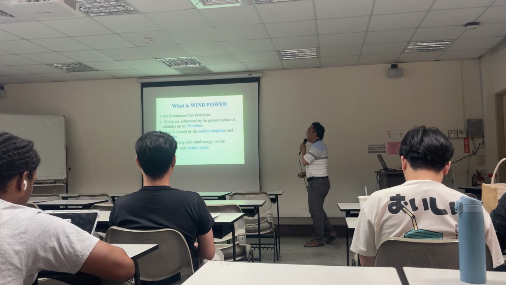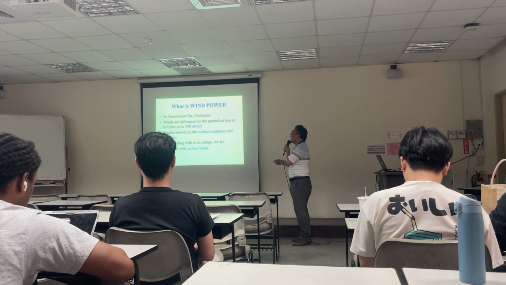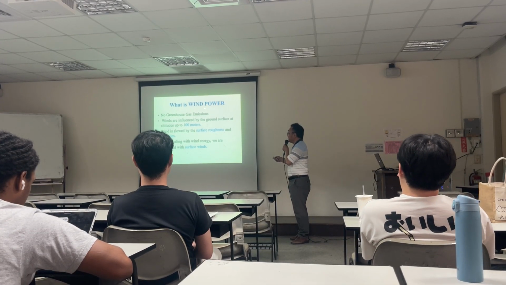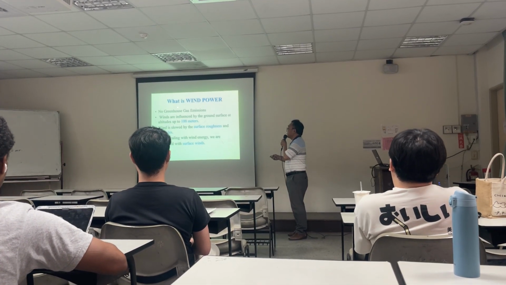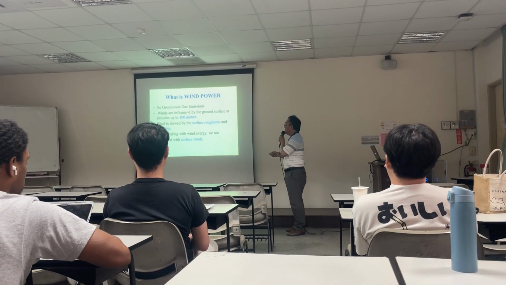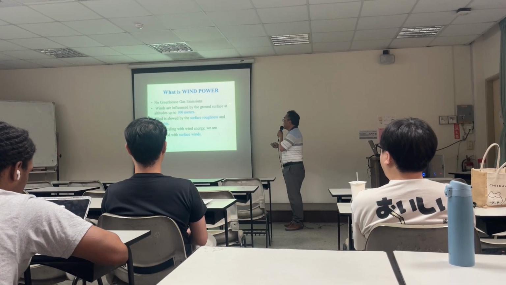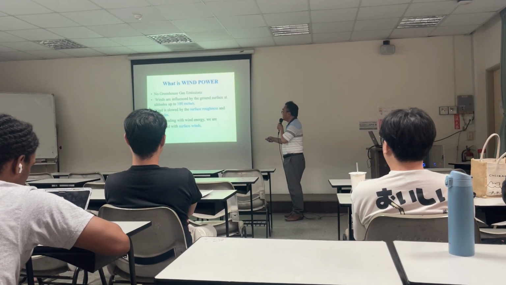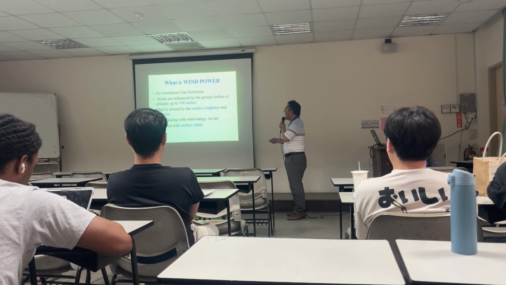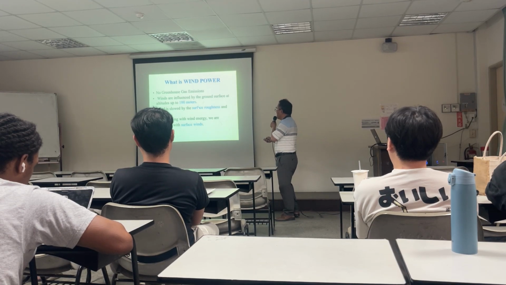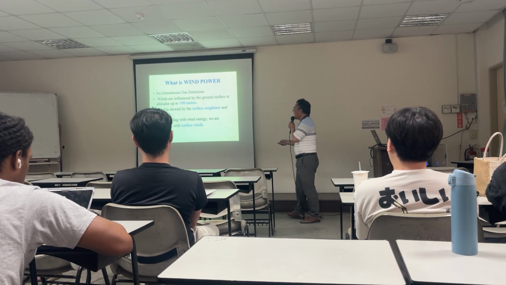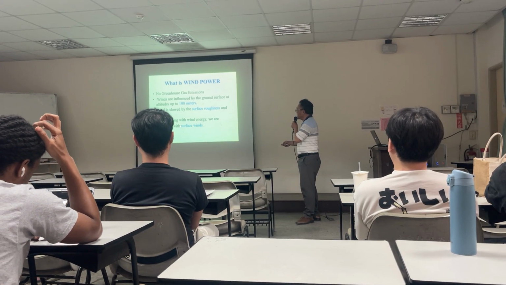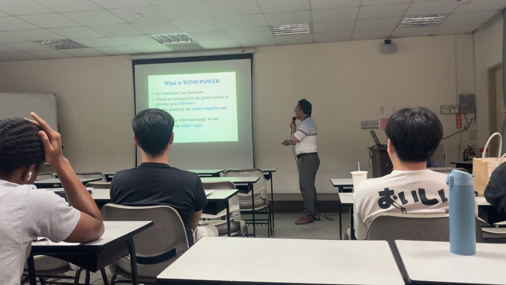What is wind power? As we know, it is renewable energy with no greenhouse gas emission. Winds are influenced by the ground surface at altitudes up to about 100 meters, and wind is slowed by surface roughness and obstacles. When dealing with wind energy, we are concerned with surface wind.